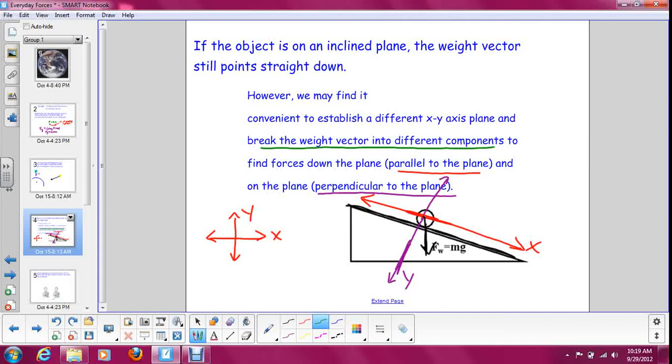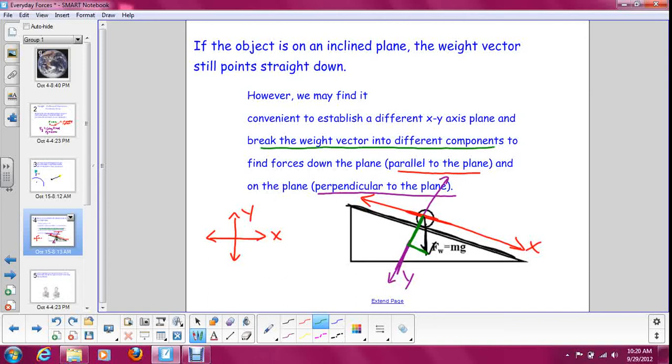Woohoo! So we have the little black arrow pointing down toward the center of the earth, and that is our force of gravity. And we can use that as the hypotenuse of a triangle. And if we do that, we would have one part of our triangle right here, and another part of our triangle right here.